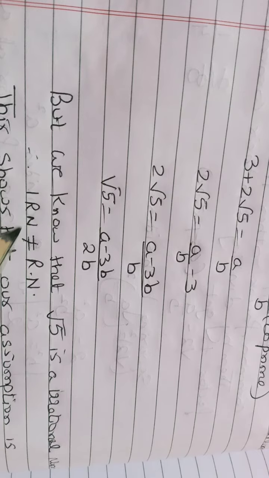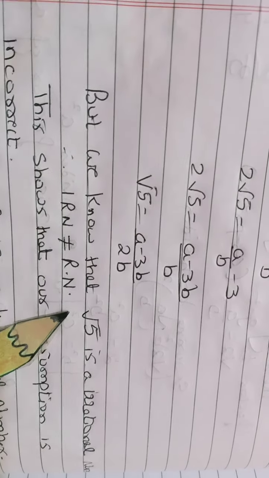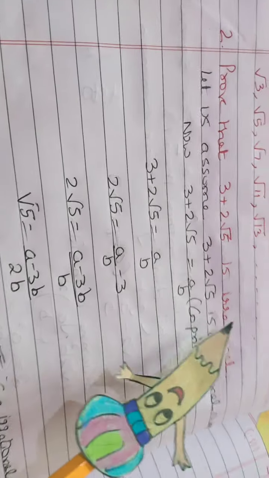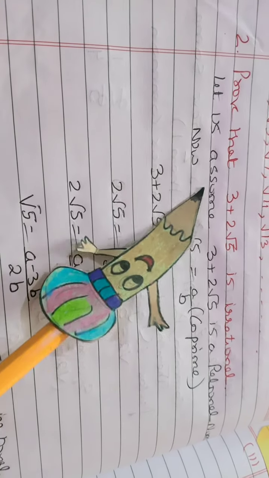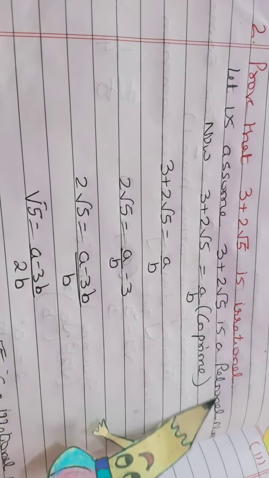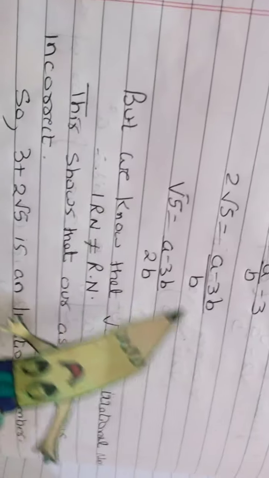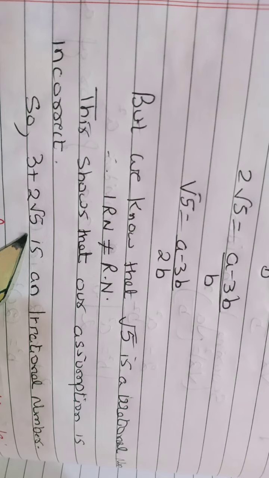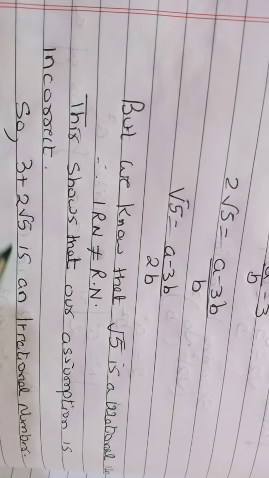Therefore, an irrational number is not equal to a rational number. This shows that our assumption is incorrect. What is our assumption? Our assumption is that this number is a rational number. So this assumption is incorrect, so 3 + 2√5 is an irrational number.